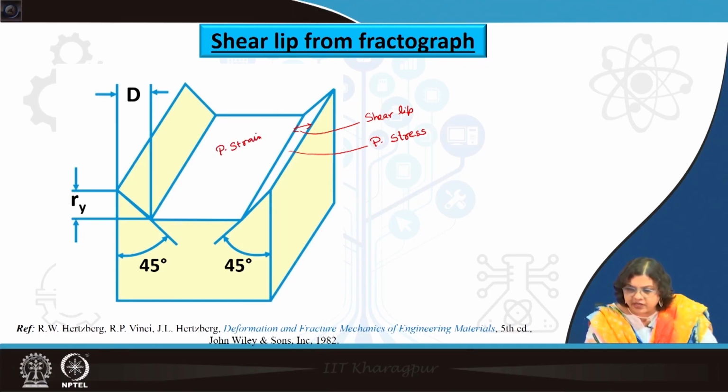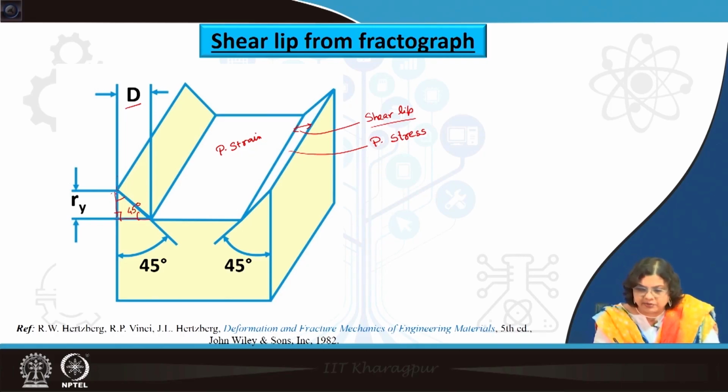We can measure this shear lip width or shear lip depth. This capital D here is the shear lip depth that we can measure. If we simply extrapolate this, we can see that this is nothing but an isosceles triangle, meaning two of the sides are of the same length. Why? Because this is happening at 90 degrees, so these two angles are 45 degrees.